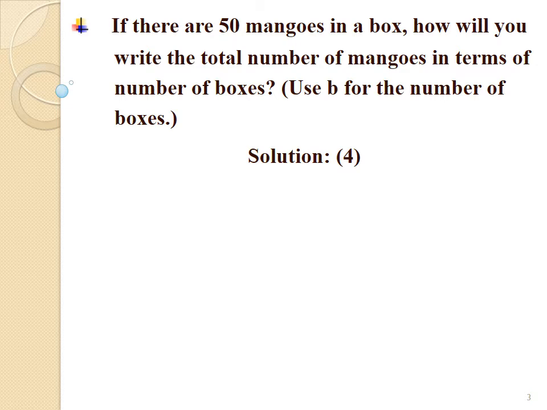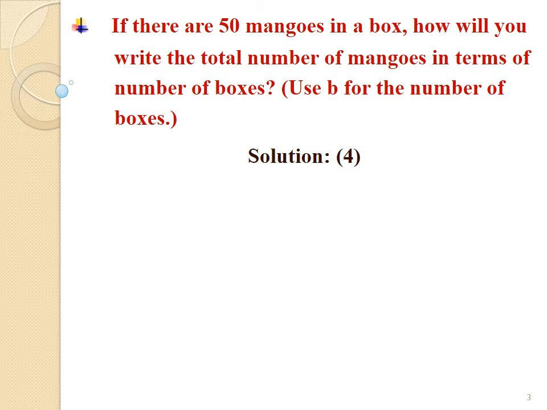Now, sum number 4. If there are 50 mangoes in a box, how will you write the total number of mangoes in terms of number of boxes? Use B for the number of boxes. Students, in this question, we have to write total number of mangoes in terms of number of boxes.